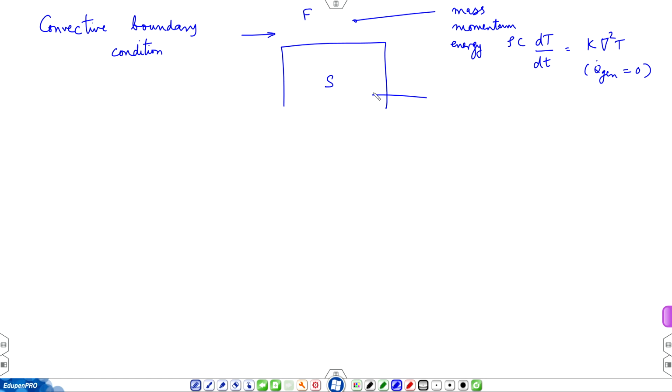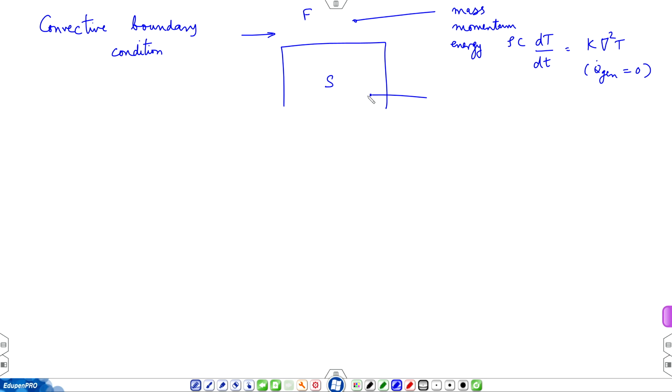What are the equations you will solve in the solid phase? Well, what is velocity in the solid phase? 0. So, you do not have to solve for the mass and momentum equations in the solid phase. And in the energy equation, the entire left hand side, the u dot gradient of T term, is 0.